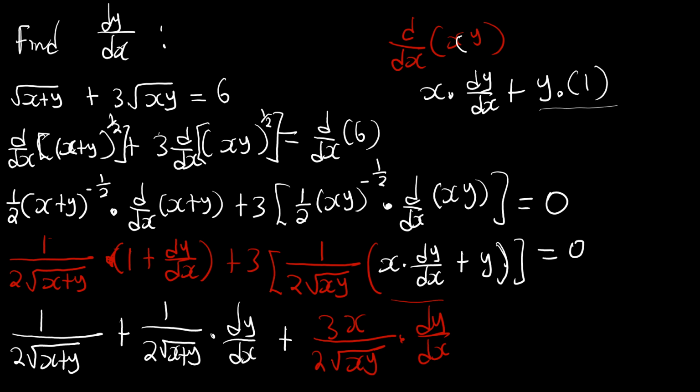Then it will also multiply that y, so it will be 3y over 2 root of xy is equal to 0. So let's make dy over dx the subject of the formula.